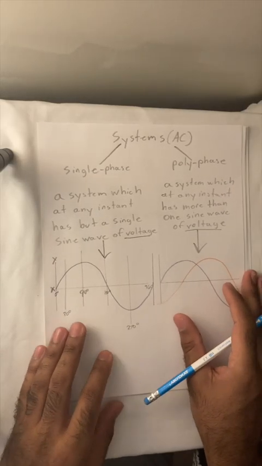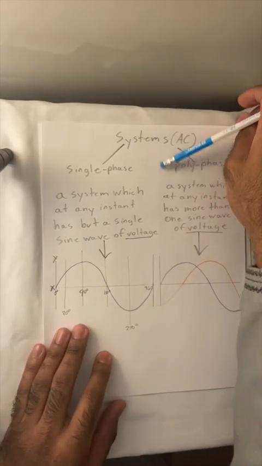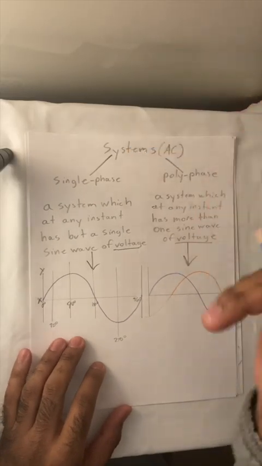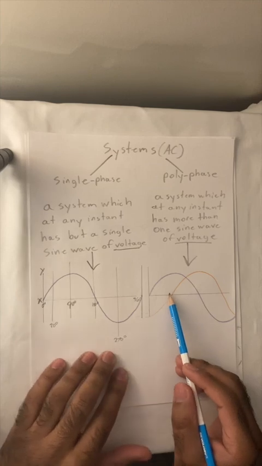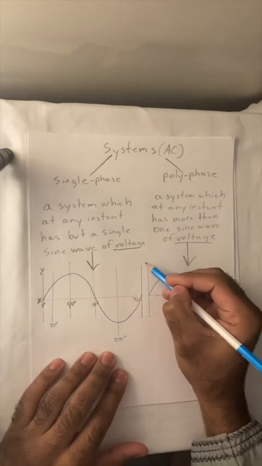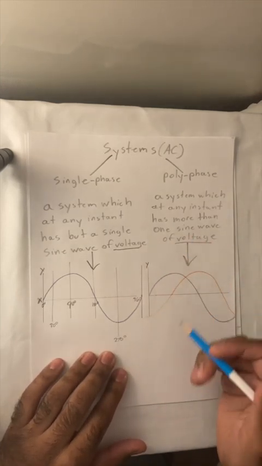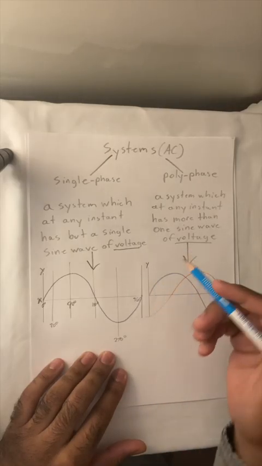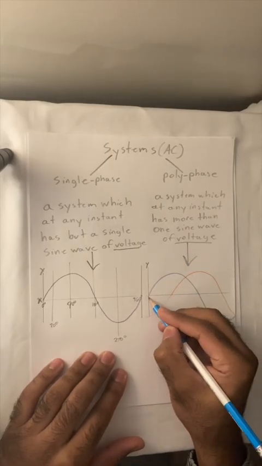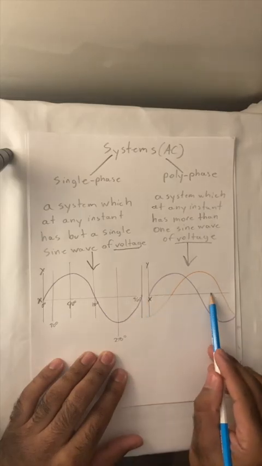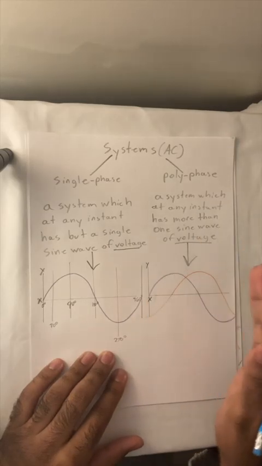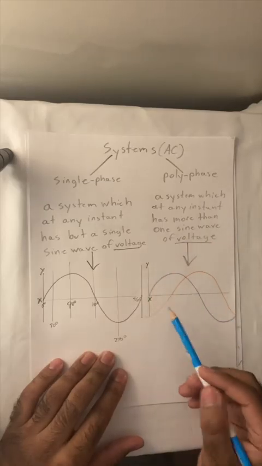A polyphase system is basically the opposite. As we mentioned previously, this is going to be our y-axis, and our y-axis represents the amplitude. On the x-axis we are only concerned with the points along the sine wave at instances.